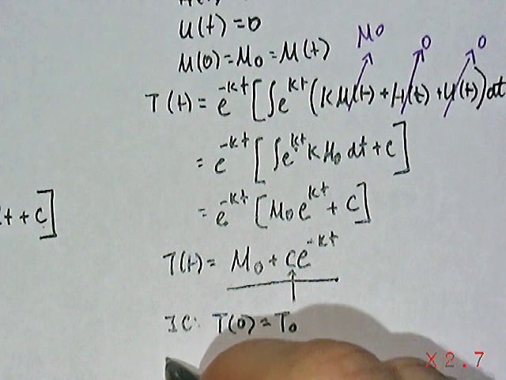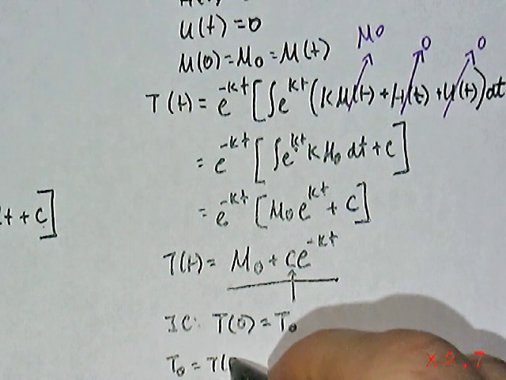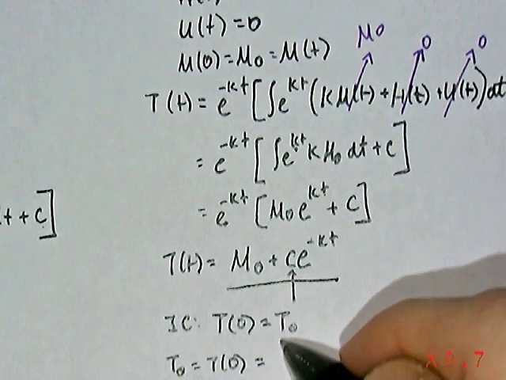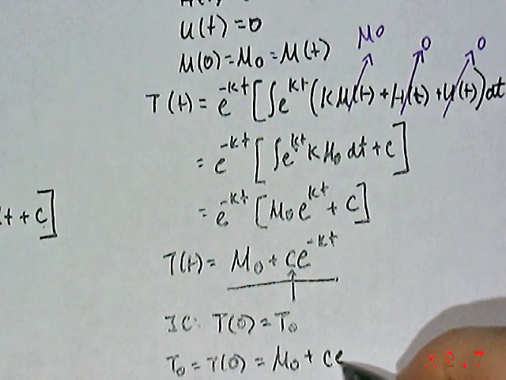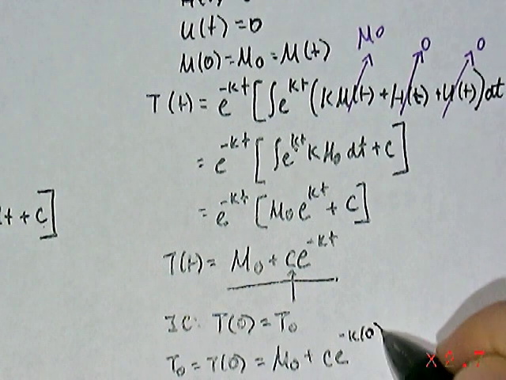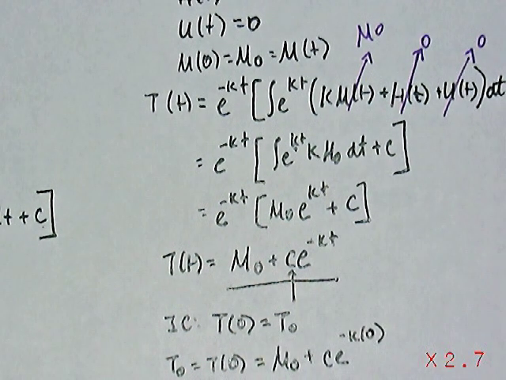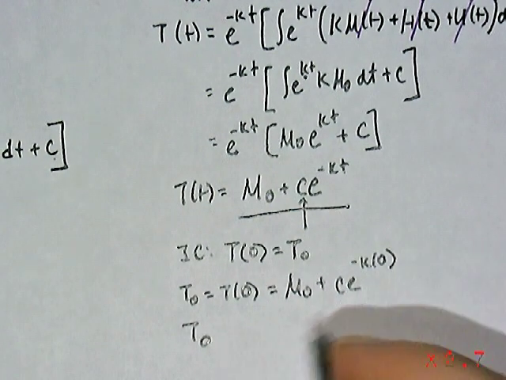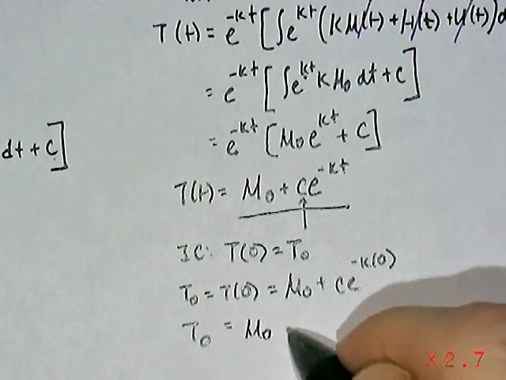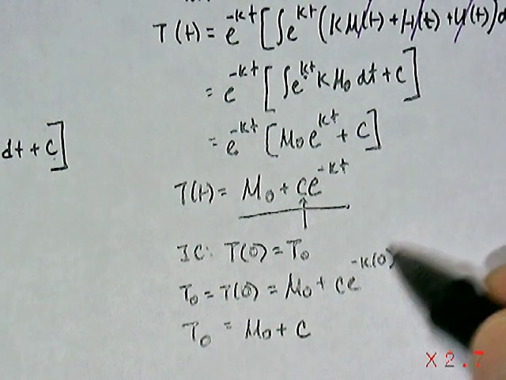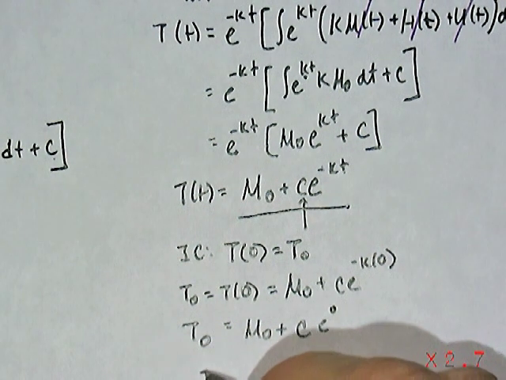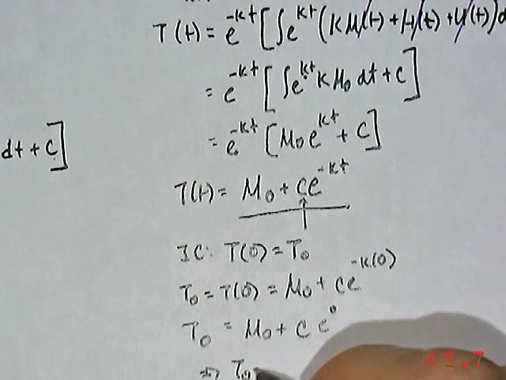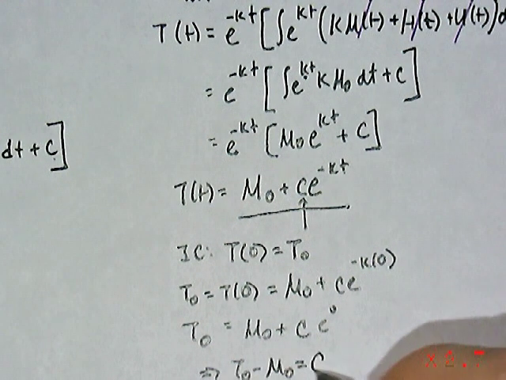So therefore T0, which is what you would get when you plug in 0 for time, according to the equation above, will be m0 plus c times e to the minus k, quantity 0 there. That would then say that T0 is equal to m0 plus c times, this of course will be e to the 0 power, or what that says is that T0 minus m0 is equal to the constant.